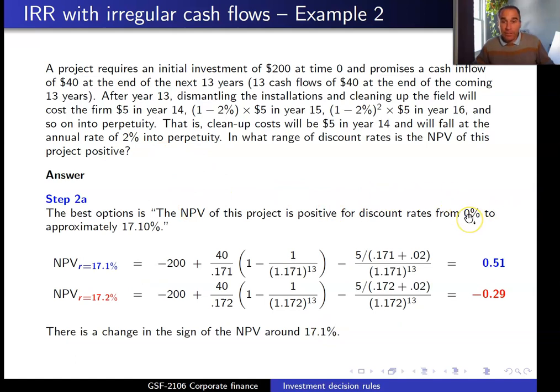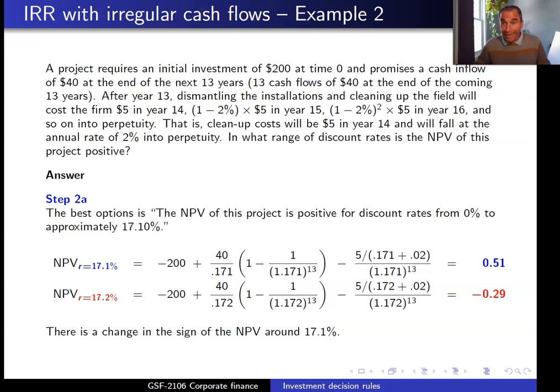The best option is that the NPV of this project is positive whenever the discount rate is between 0 and 17.1. Why? If we compute the net present value at 17.1, we obtain 0.51. And when we compute net present value at 17.2, we obtain minus 0.29. So around 17.1, the net present value goes from positive to negative.